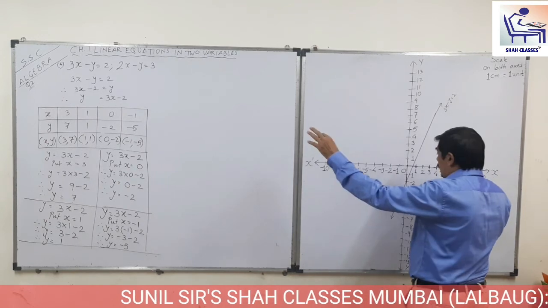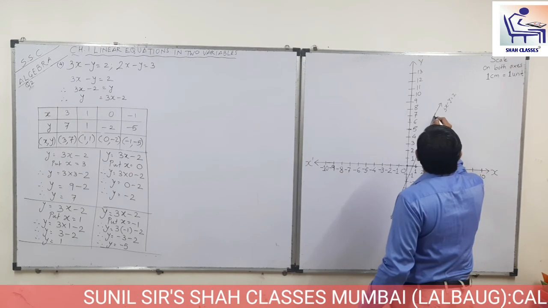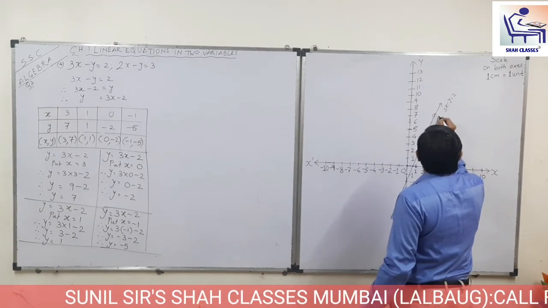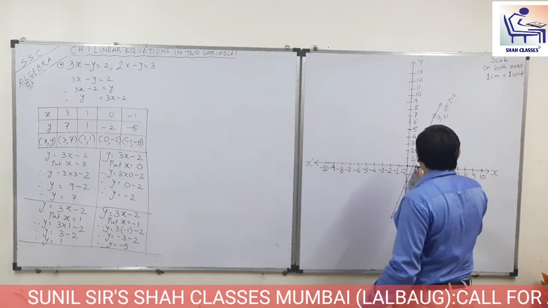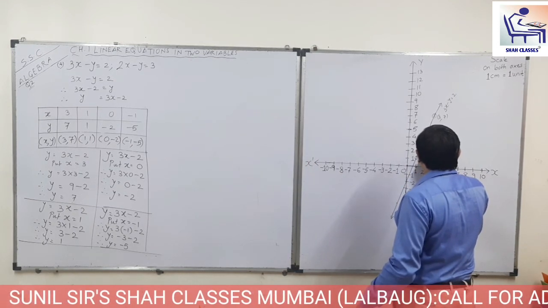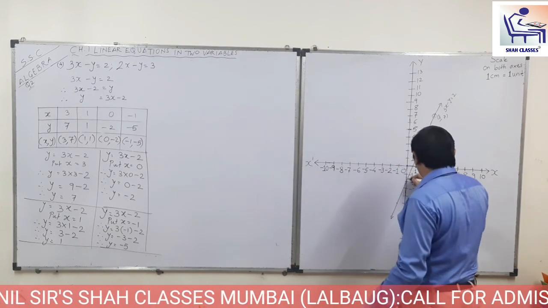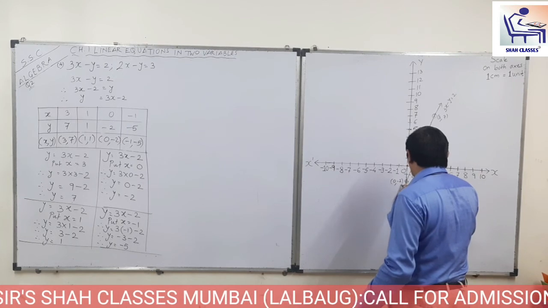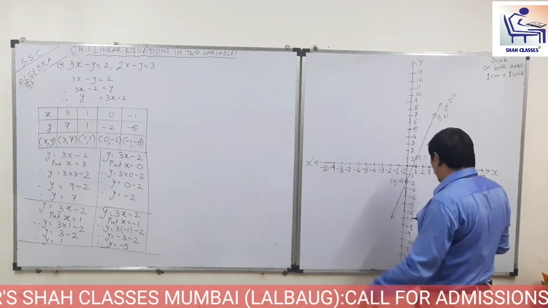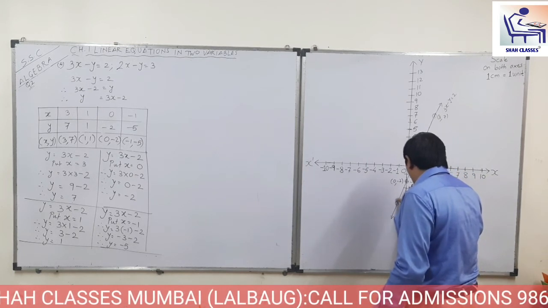Now I'm just writing all the points in detail. So 3, 7, 1, 1, 0 minus 2, minus 1 minus 5.